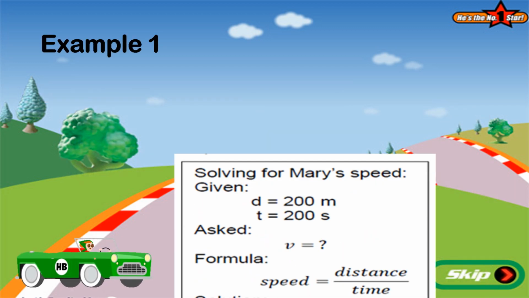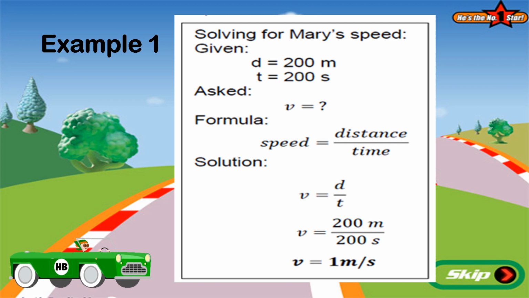Let's have example number 1, solving for Mary's speed. So the first thing you're going to do is to write what are the given. So you have distance is equal to 200 meters and time is equal to 200 seconds. And then the next thing you're going to do is to write the formula to be used.